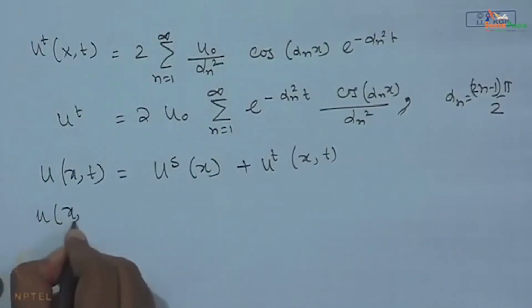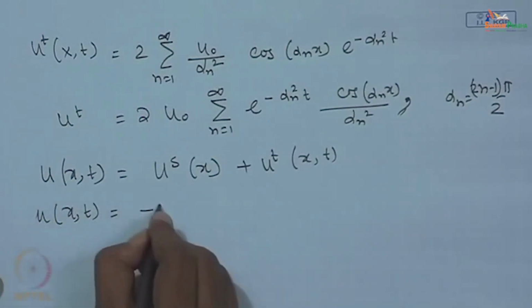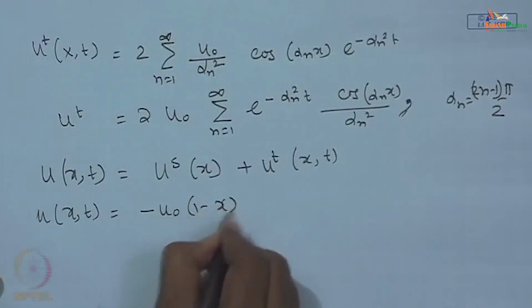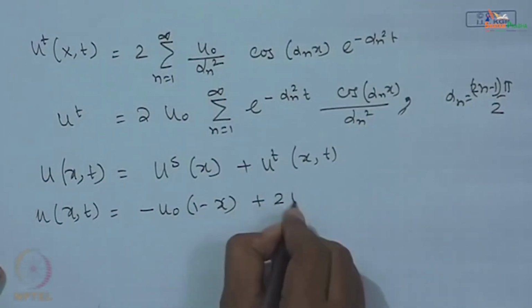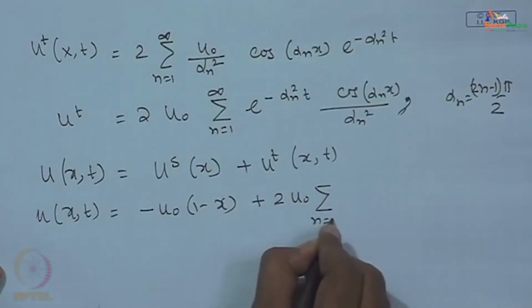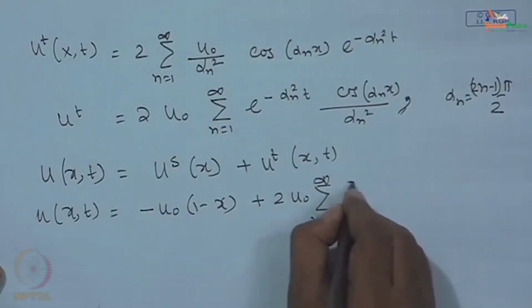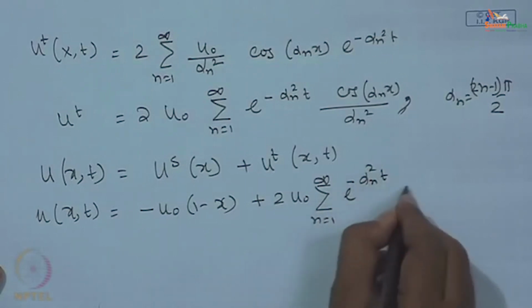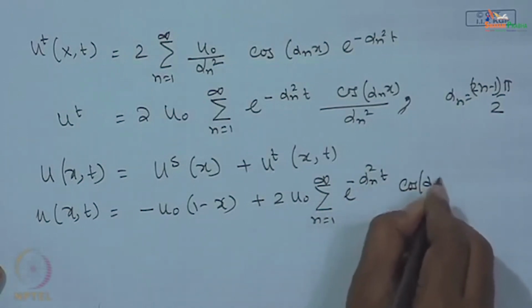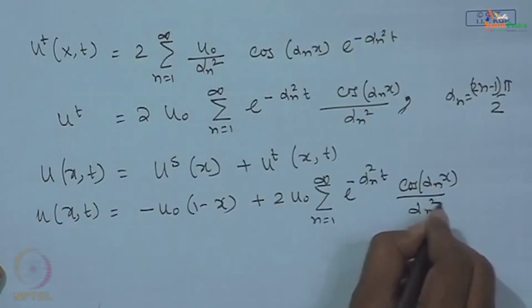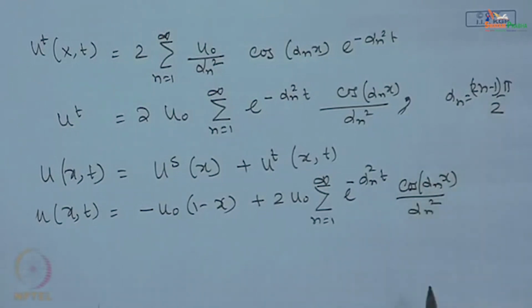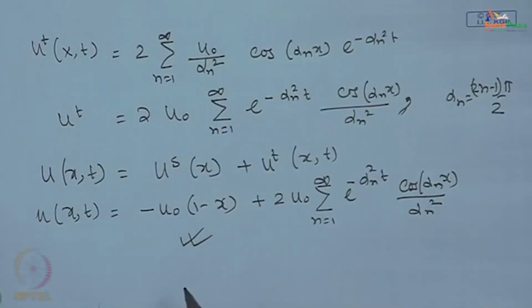So, we get the complete solution as minus u naught into 1 minus x plus 2 u naught summation n is equal to 1 to infinity e to the power minus alpha n square t cosine alpha n x divided by alpha n square, where alpha n is equal to 2n minus 1 pi by 2. So, that gives the complete solution of an ill-posed problem when the boundary condition is a Neumann boundary condition.